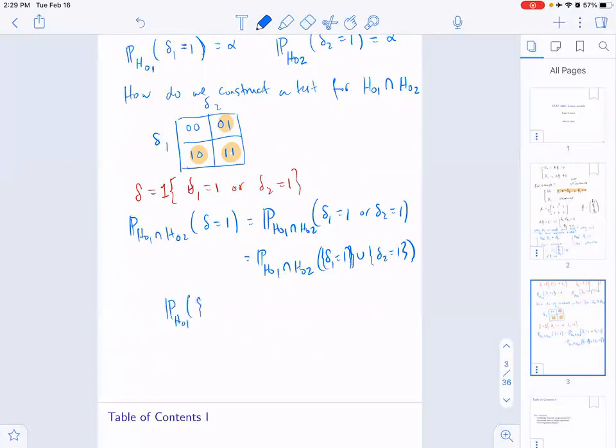The probability that delta 1 is 1, the edge H1 intersect H2, and then the probability under H1 intersect H2 that delta 2 is 1. How do I break it into these two pieces? Would it be equal? Something like this is correct.